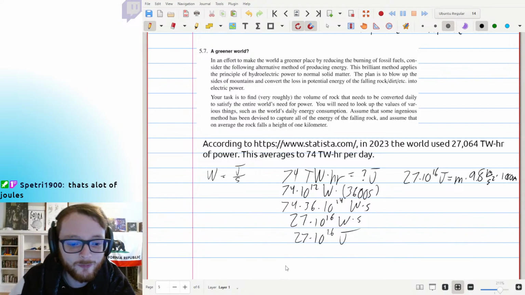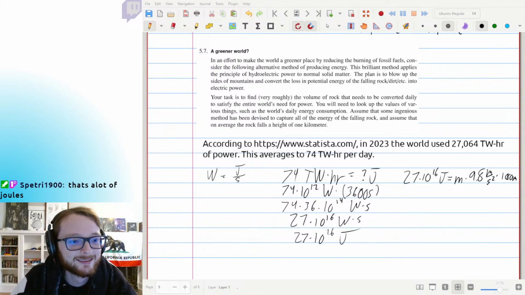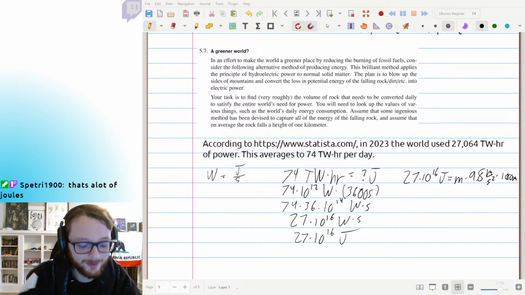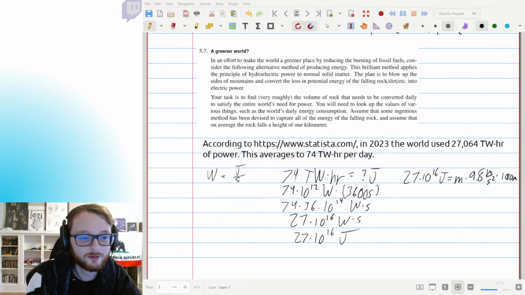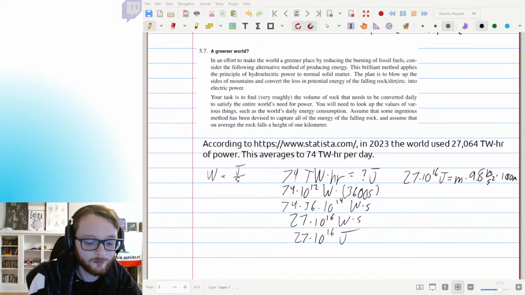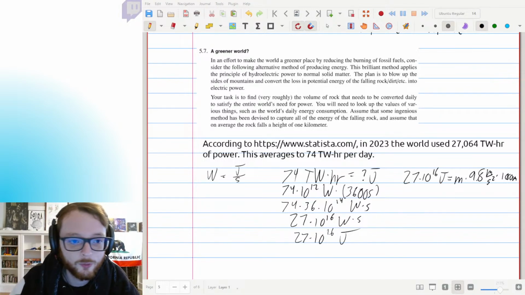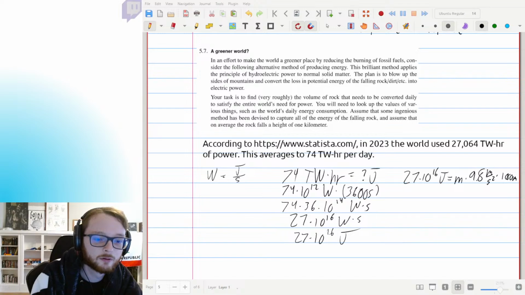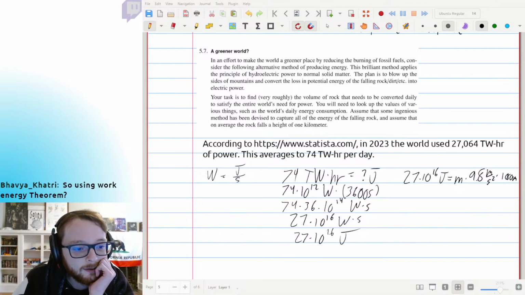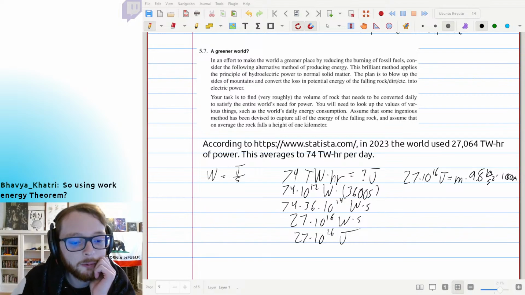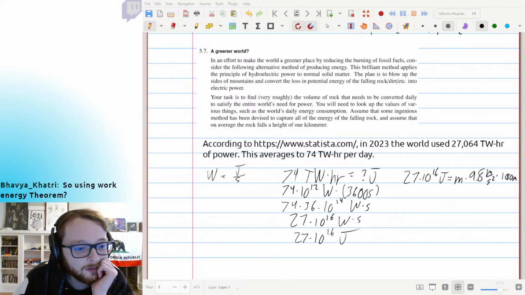We can solve that for mass. 27 times 10 to the 16, divided by 1,000 times 9.8. Oh, I wasn't even using proper scientific notation. I did 27, not 2.7. So it's 2.7 times 10 to the 13.